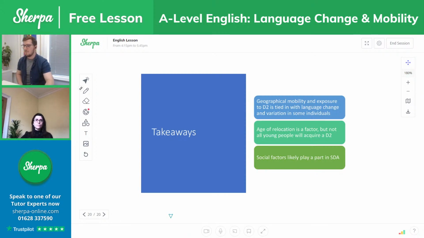So, do you have any examples of languages borrowing from another? I'm trying to think. I don't think this was particularly related to this, but it brings up another interesting thing that's related to geographical mobility and language change, which is called dialect leveling, which is particularly prominent in the UK and Britain in these past few decades.